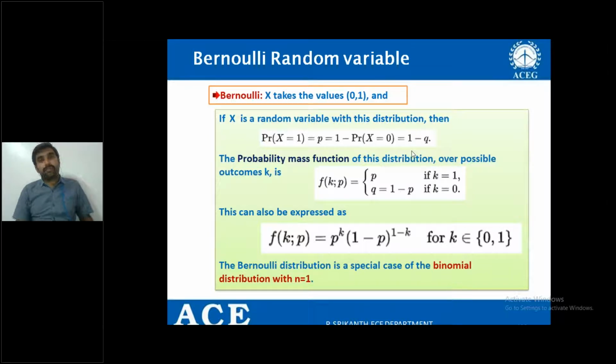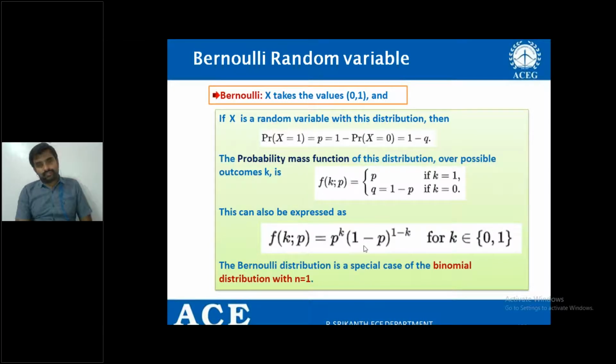And then the probability mass function for such a random variable, f of k p equal to p if k equal to 1 and q if k equal to 0. Only two possibilities for the density function, right?